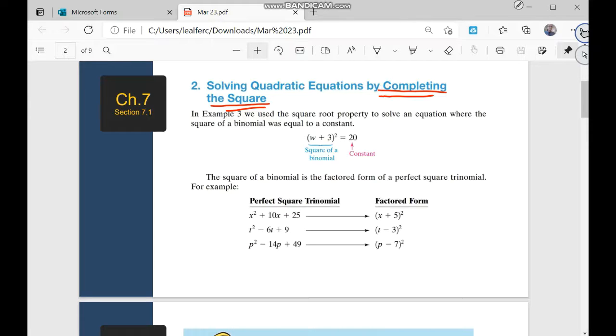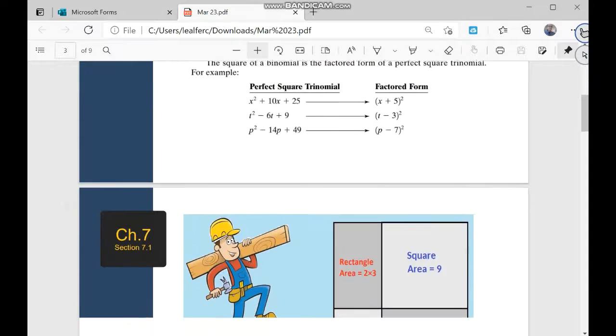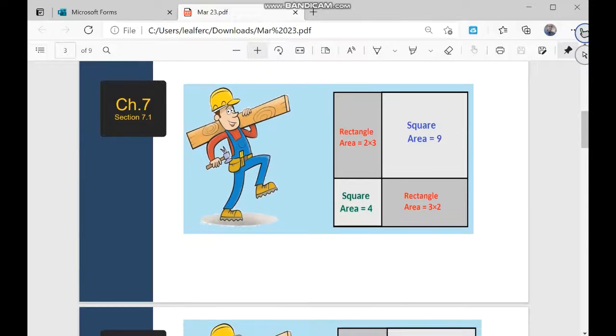For that reason, I will skip this explanation because I think it doesn't help a lot. Let's skip this and move to the picture, because with this picture maybe we're going to be able to understand.